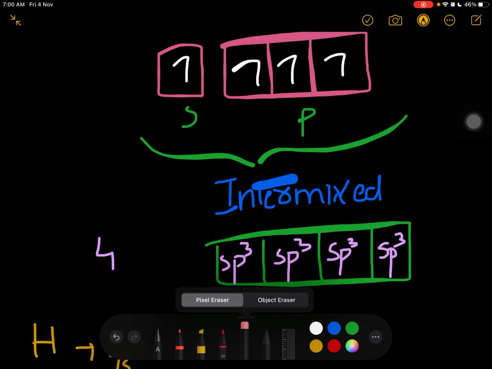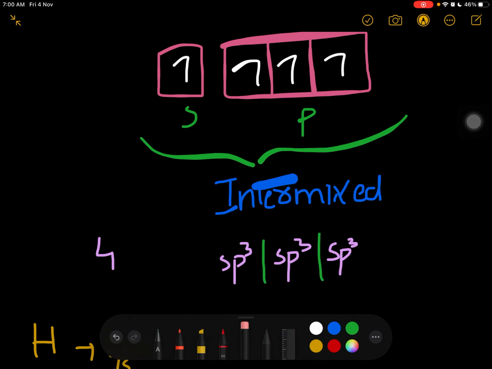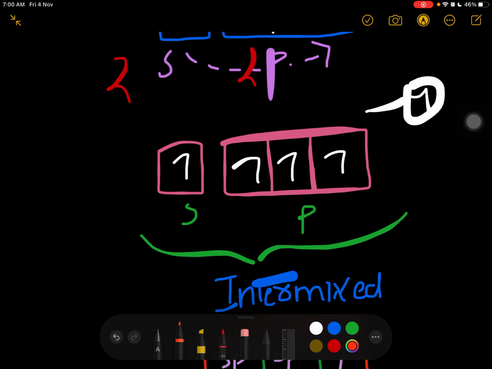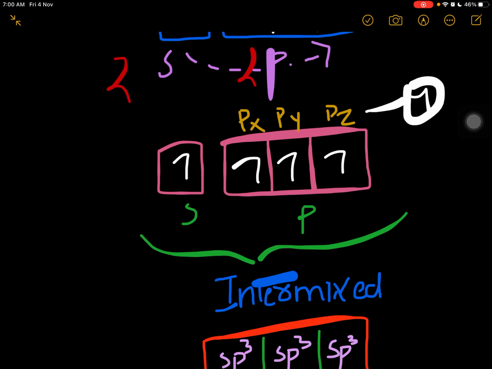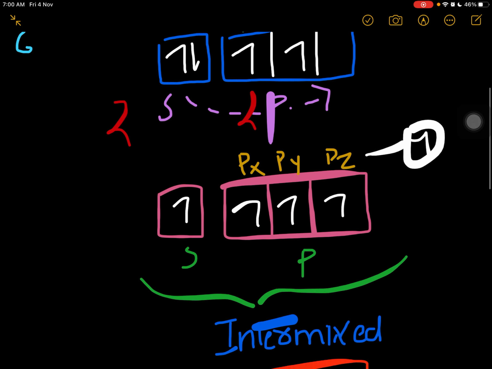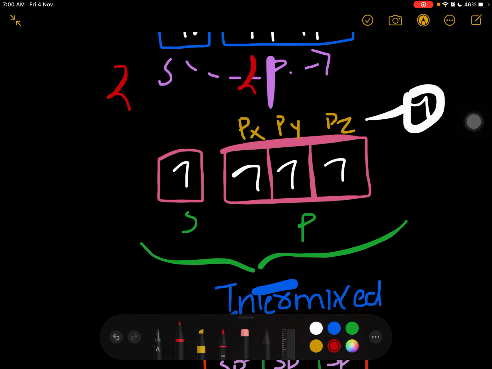Suppose we have s, px, py and pz. As I told you in the rules, the pi bond does not participate in hybridization, so we won't count the py orbital.